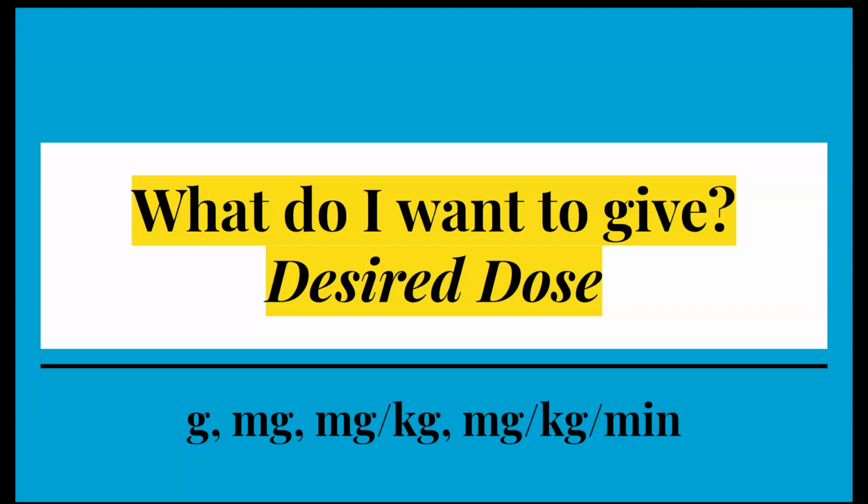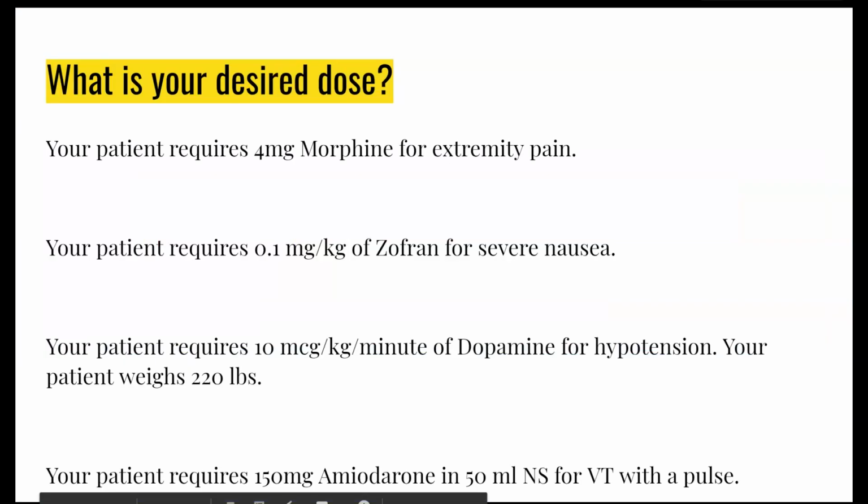Okay? So you're moving between two sets of knowledge, right? You're moving between your protocols as well as the clinical information that the patient presentation is providing you. So this is the very beginning of the critical thinking part of paramedicine. So different desired doses, right?